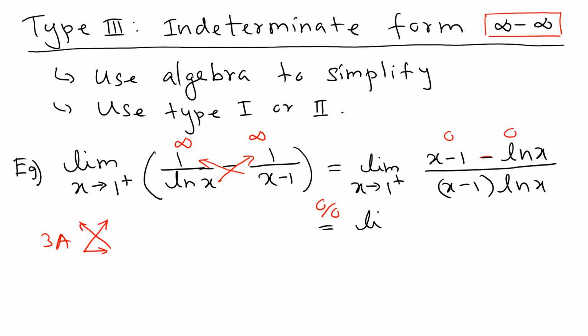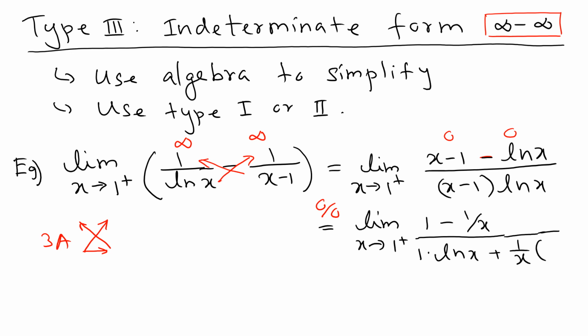If you take the derivative, you're going to get, as x goes to 1 plus, the derivative of this one is 1 minus 1 over x. And here you have to use the product rule. So take the derivative of the first one times the second function, plus the derivative of the second function times the first function.